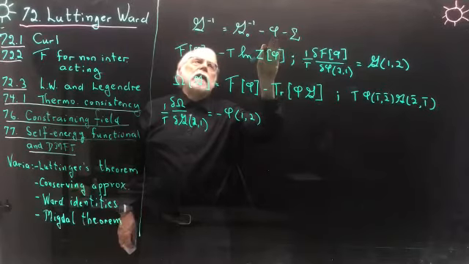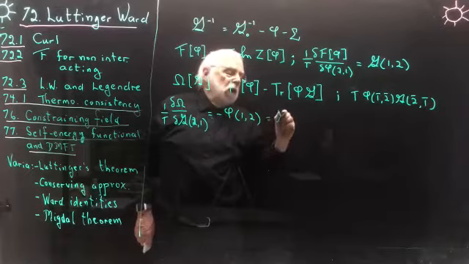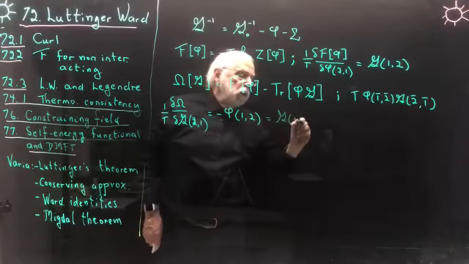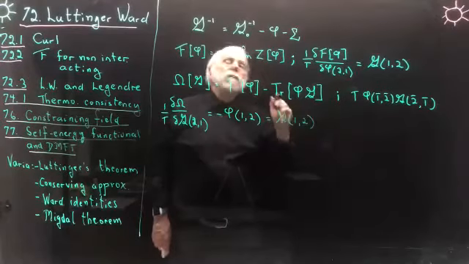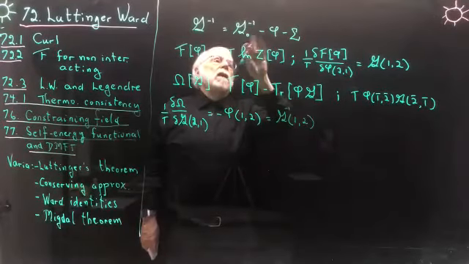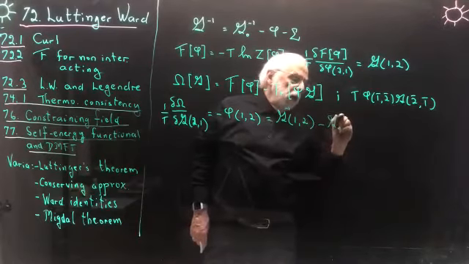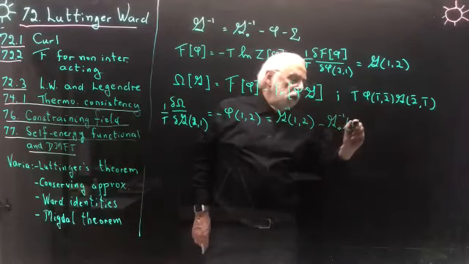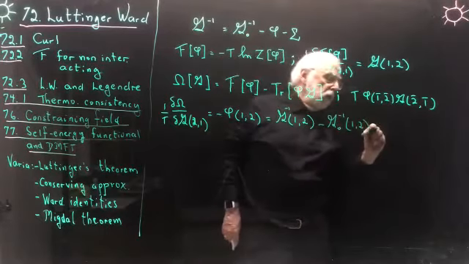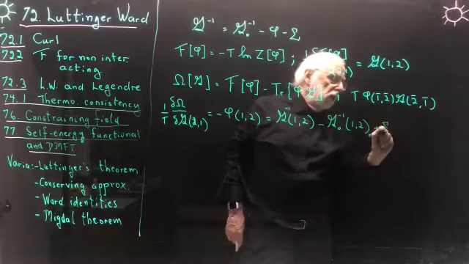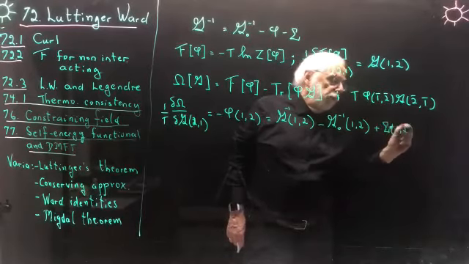So minus phi is equal to G 1 2 to the minus 1 minus G0 minus 1, 1 2, and then plus sigma 1 2.